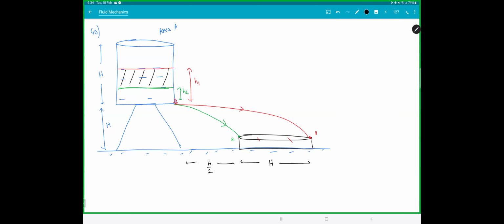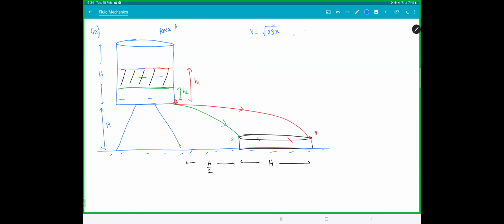Is that making sense? Pratik? Roja, clear with this? Yes. So simply what I need to find: when the height is H1, the range is 3h by 2. When the height is H2, the range is h by 2. So from there I can get H1 and H2. We know the velocity v will be root over 2gx, where x is the height.